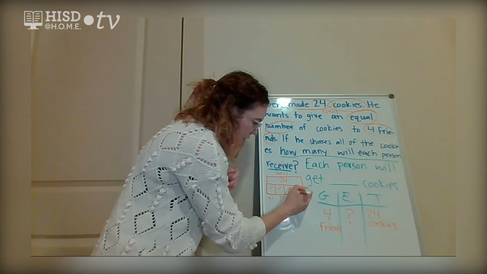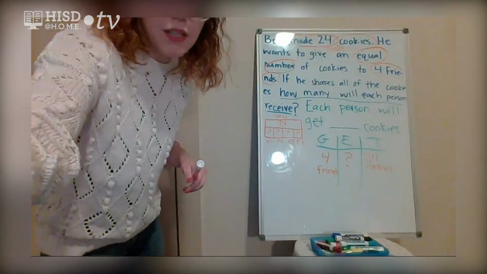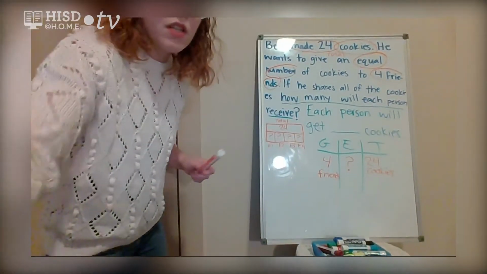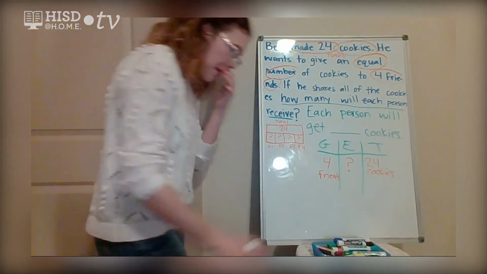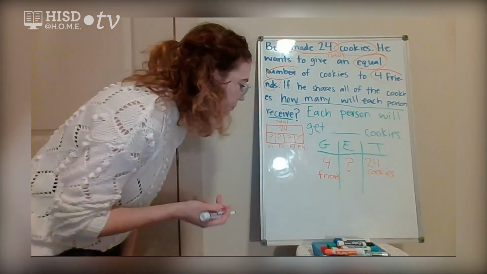So for solving this, I think I'm going to draw a picture to solve this problem. I'm also going to bring this down so you guys can see it a little better. So if they're going to be friends, I'm going to draw little stick figures, okay?